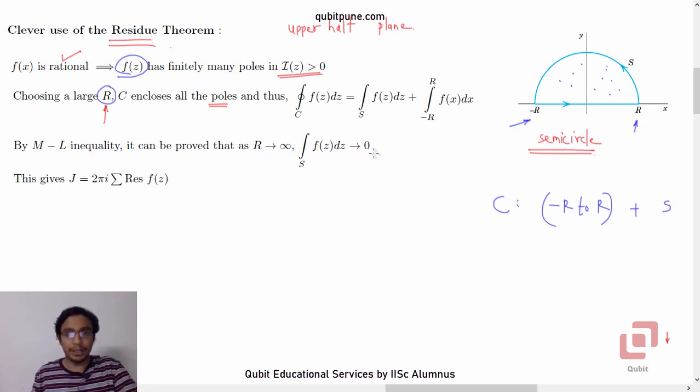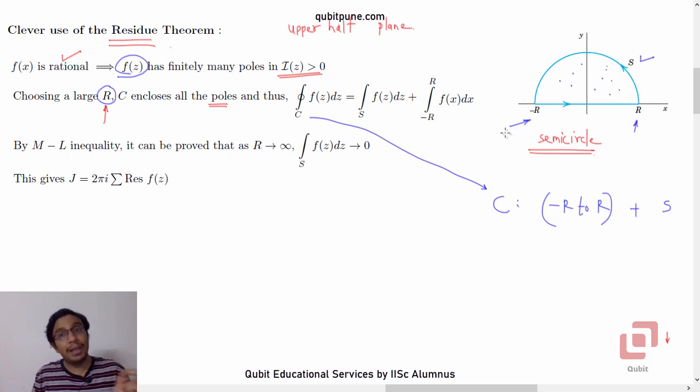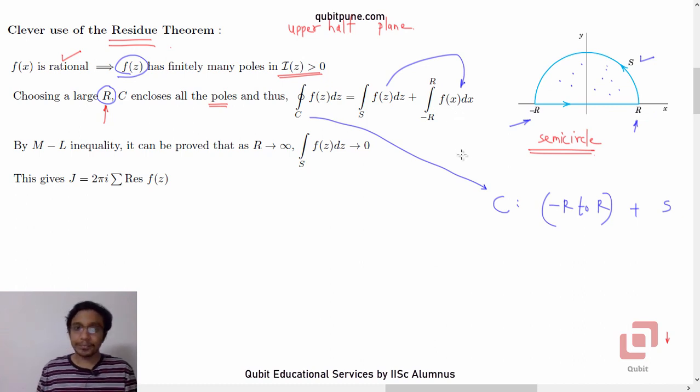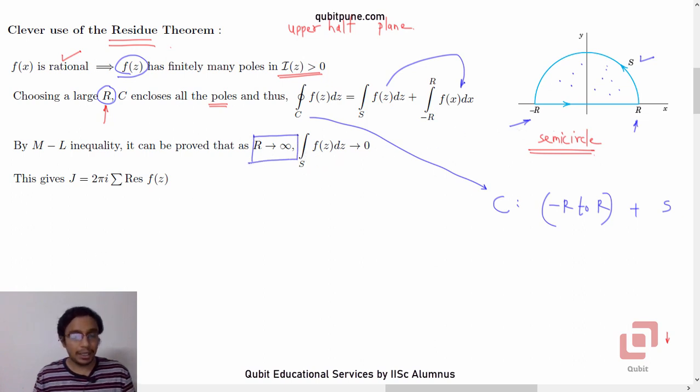So this will be a contour integral. We may now write the integral of f(z) dz along C, traversed anti-clockwise, as equal to the integral of f(z) along S, this one, plus the integral of the real variable x, because we are now on the real axis, from minus R to R of f(x) dx. Now we are not going to prove this, but you can actually prove by the ML inequality that if we let R tend to infinity, the integral along the semicircular arc tends to 0.